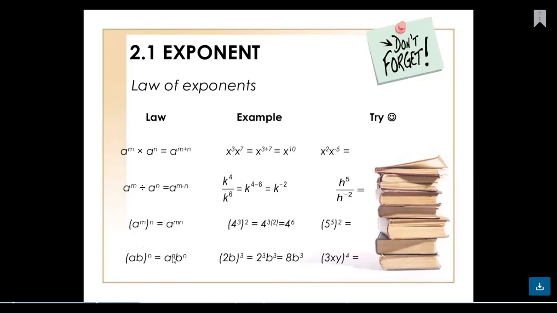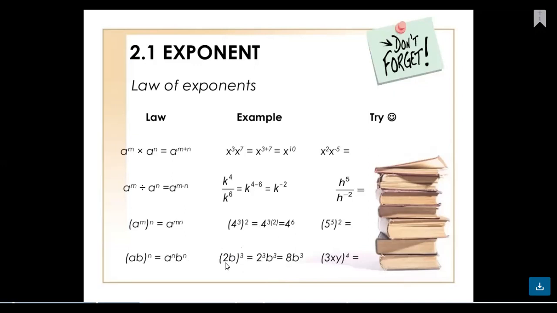Okay, so we will need to distribute the exponent n to each variable. So parang 1 times n, 1 times n, yan. Parang may silent na raised to 1. Okay, so let's try this example. Okay, so (2b) raised to 3.